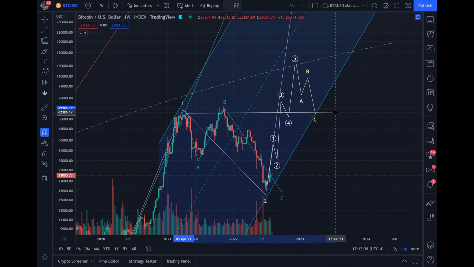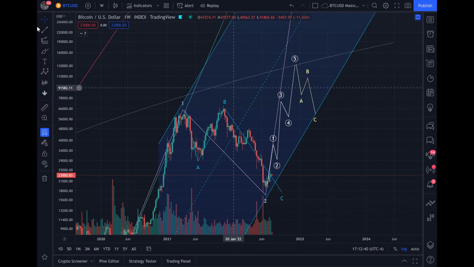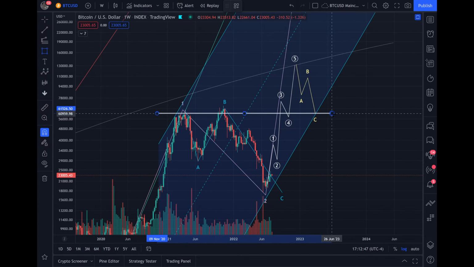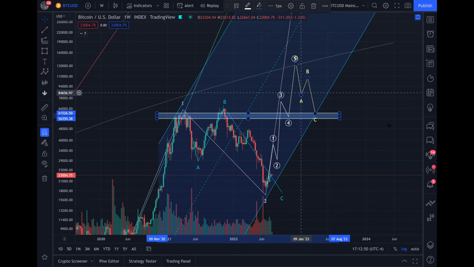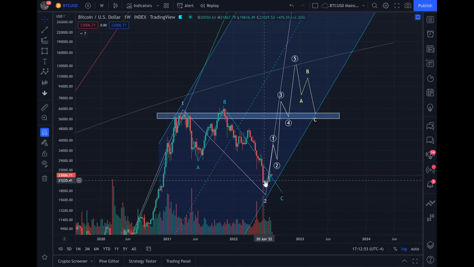Remember, these resistances are best represented by levels, by bands, not necessarily by lines. So I would expect something like this. Like, you come up, you hit that 100K, and then boom, sharp sell-off down to the base of this channel before continuation.